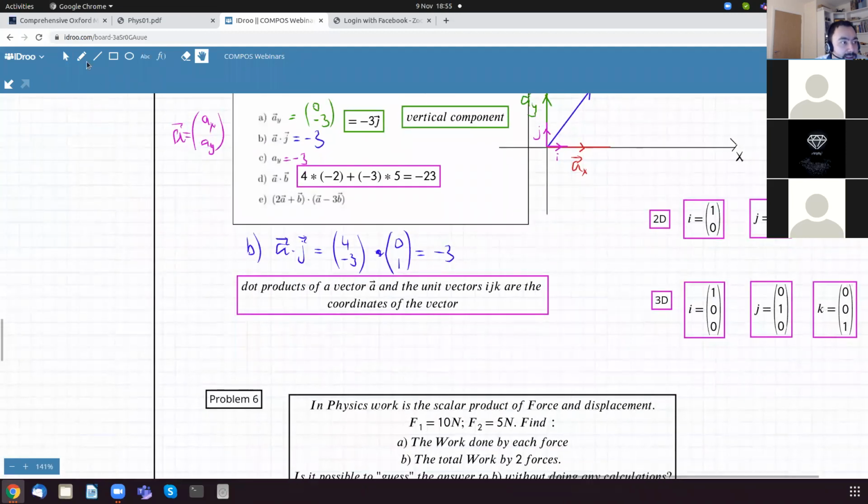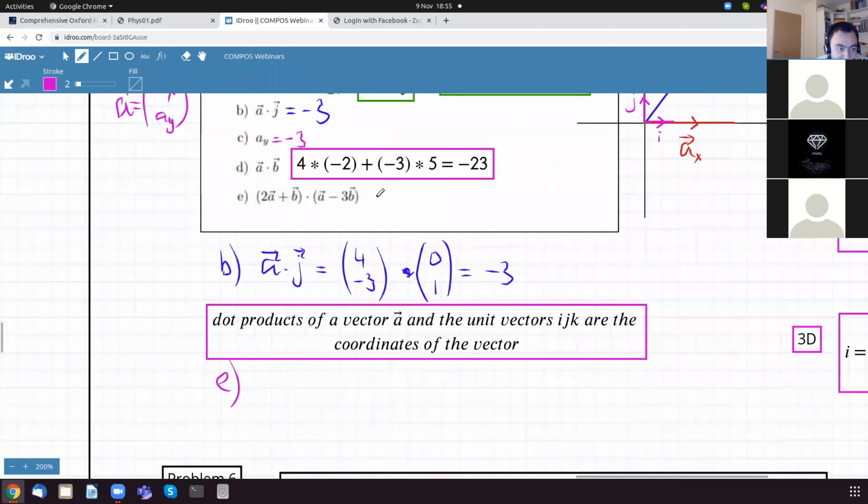And finally, E. Sorry, got a bit messy. Okay, E. There are different ways to do it. You can expand the brackets and get 2a squared minus 6ab plus ba and minus 3b squared.